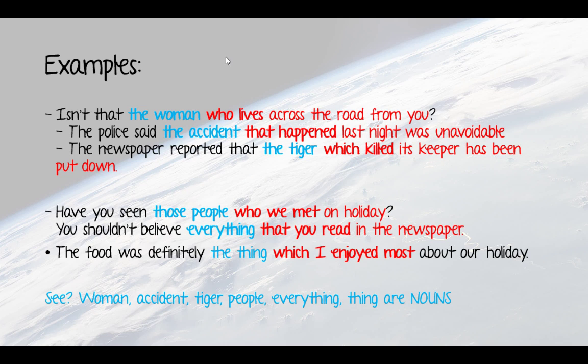Usualmente se usa who con personas. El that se puede usar con personas, sí. El which en escasas situaciones, ¿ya? Who es para personas, that para las dos cosas y which usualmente para las cosas, ¿ya?